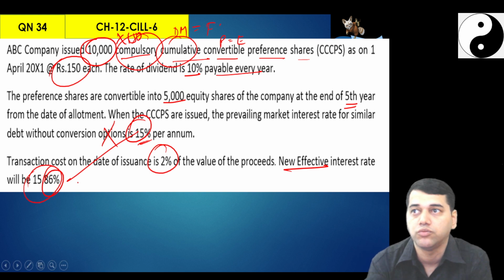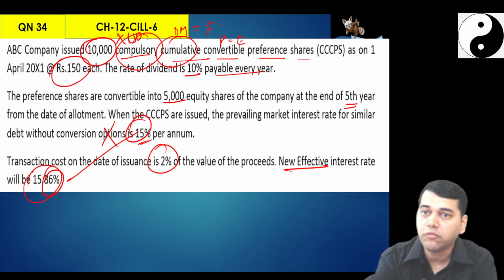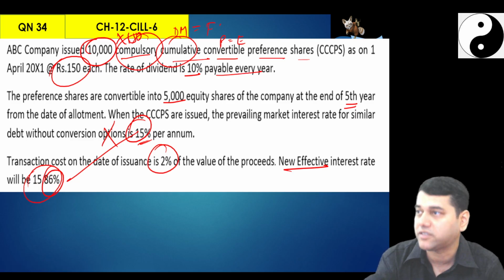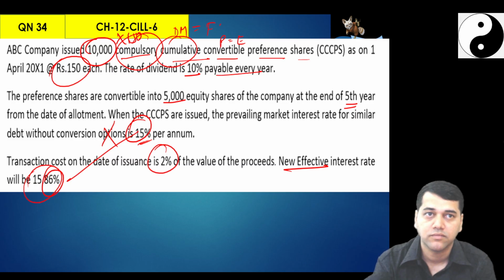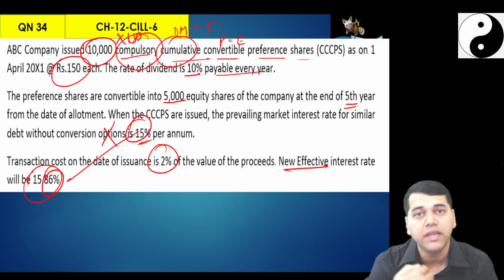But should I amortize the full 2% transaction cost? No. I need to bifurcate into equity and financial liability. On the financial liability component only, I will be amortizing.